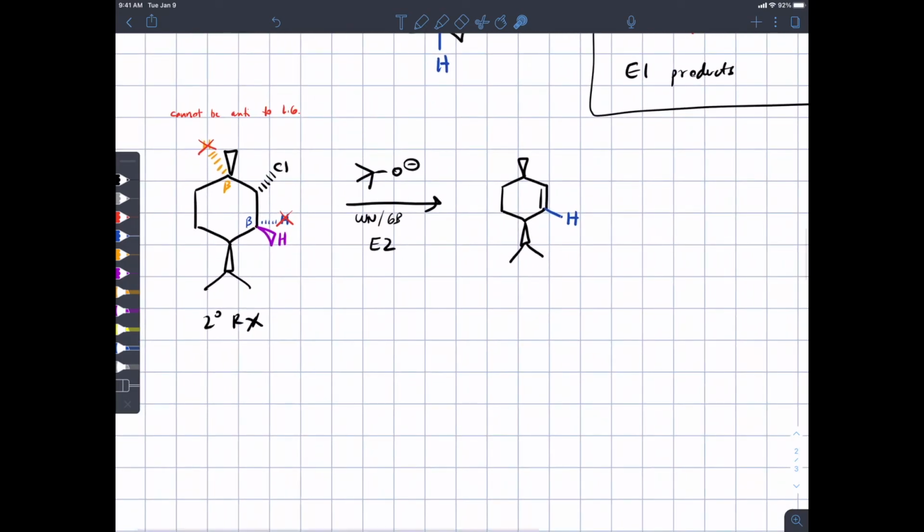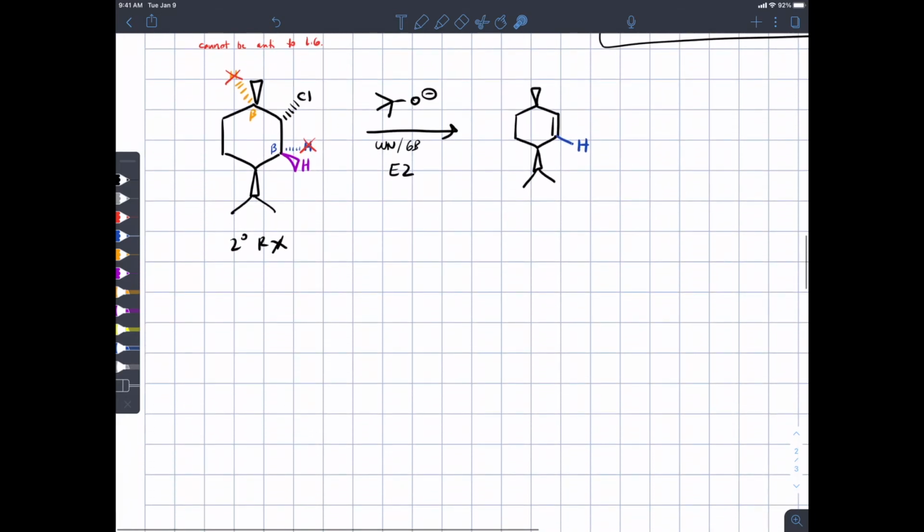When dealing with six-membered rings, it can be best in E2 kinds of problems to look at the ring from above. We could draw the same ring in a chair conformation, and you might be tempted to make an error. So here is the methyl group.